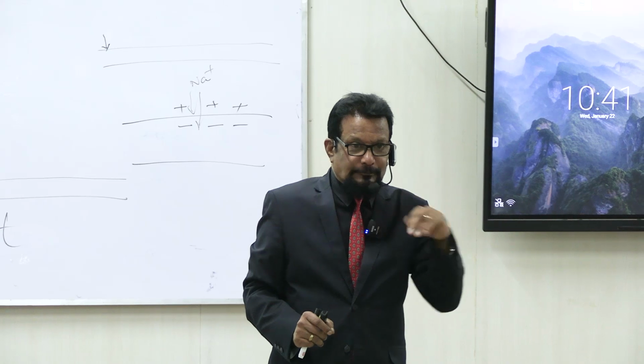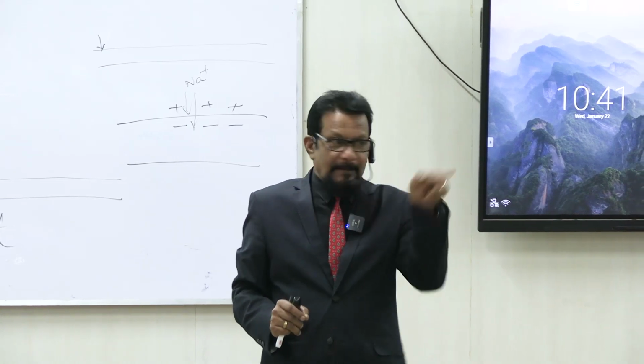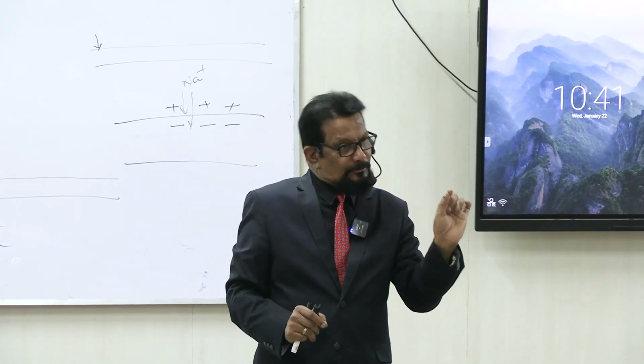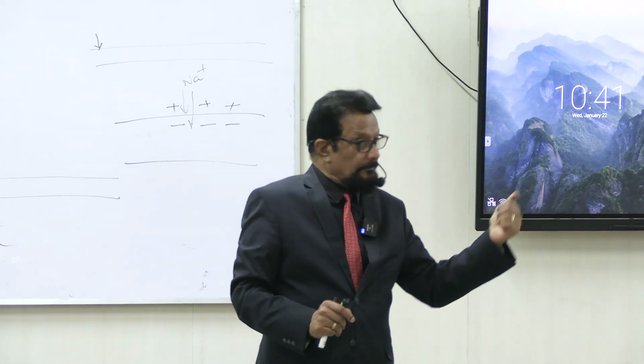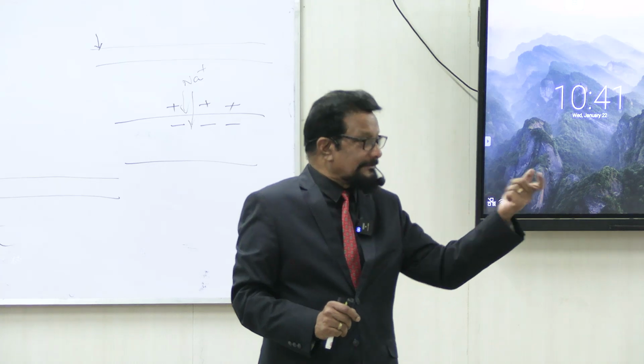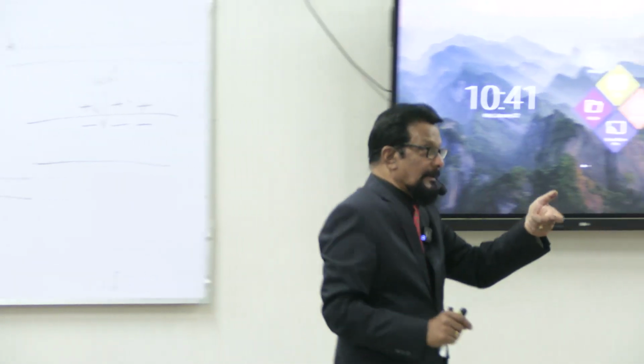The work of the stimulus is only to change the membrane potential. Whatever the potential is across the membrane, you bring it to minus 55. Then it will be capable of producing the fire, producing the action potential.